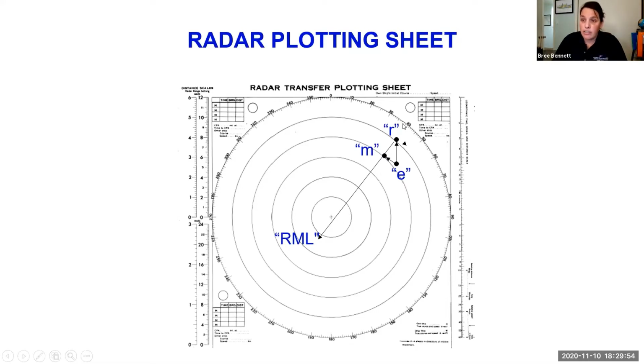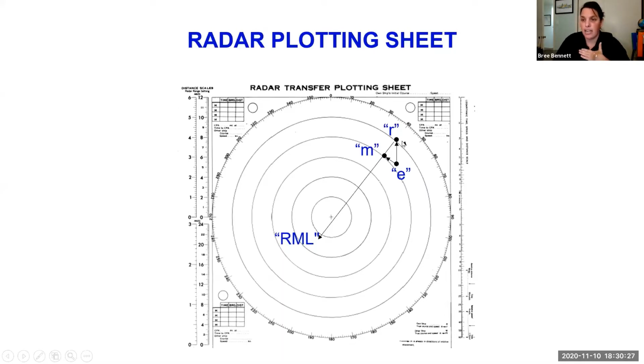Now, to plot the E of our triangle here, the other thing we know is what we are doing, our heading and our speed. So we're going to transfer from the center, E. In this case, I am going due north. So from R, I do a reciprocal, so I can go E to R is what I am doing.